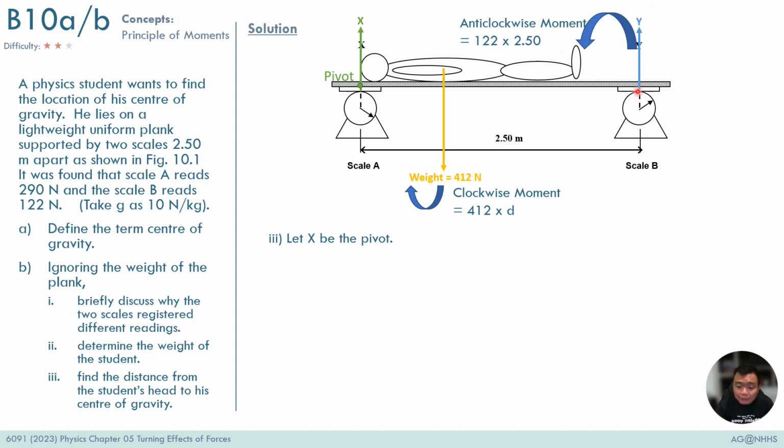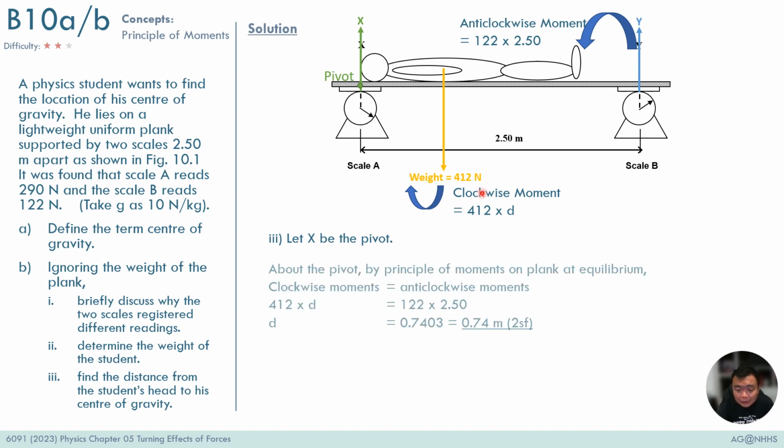The upward force that supports the plank on the right side of the plank will want to make the plank rotate in an anti-clockwise moment. So plug all these moments into the POM equation, and that's how you can get the unknown distance d to be 0.74 meters, corrected to two significant figures.